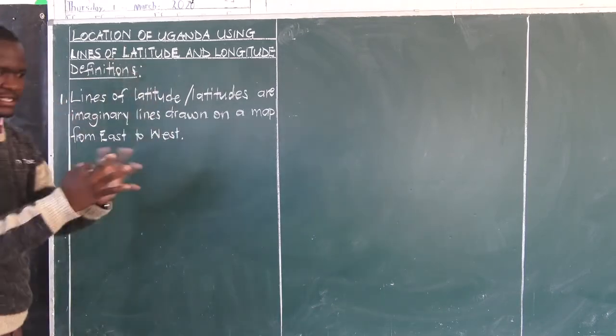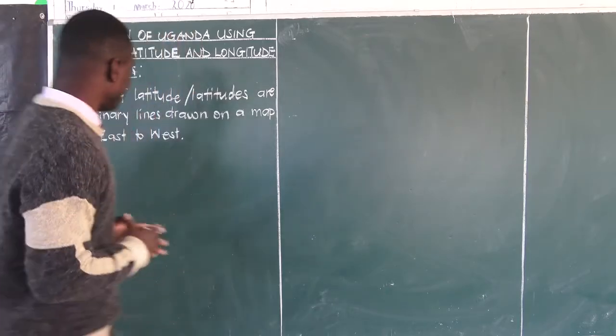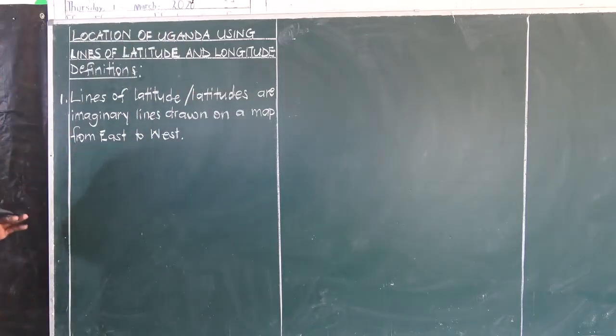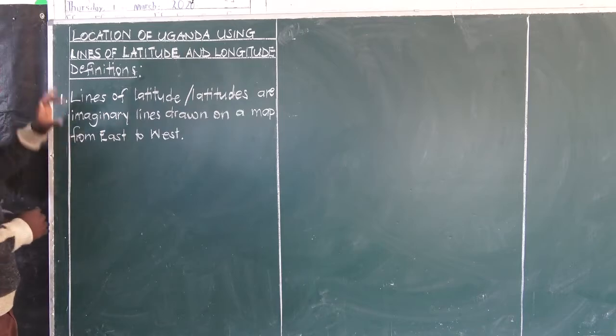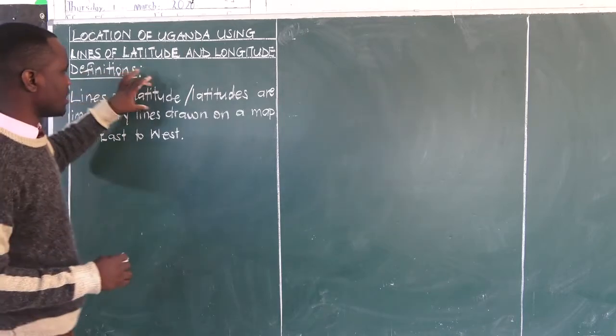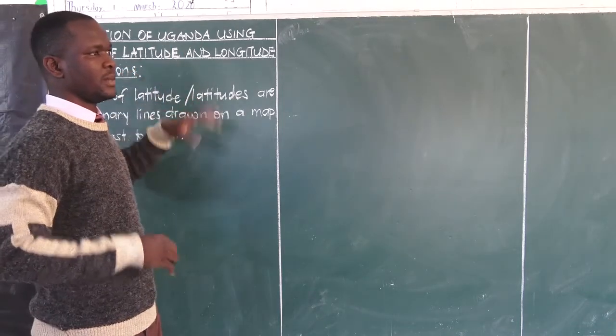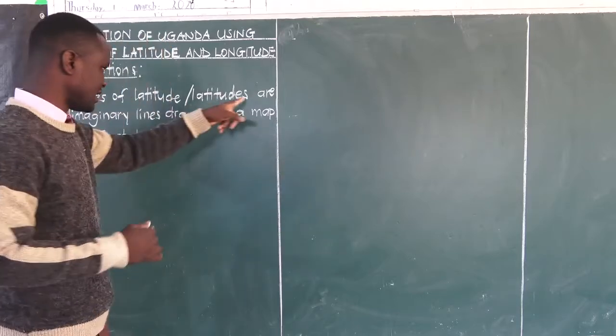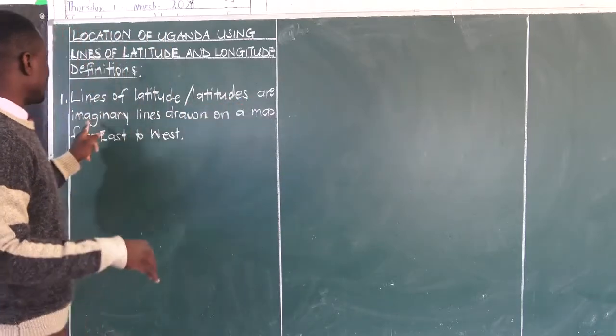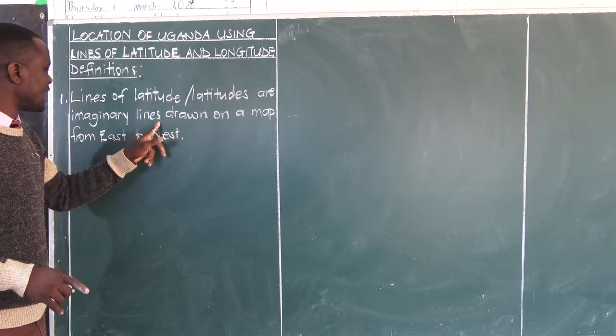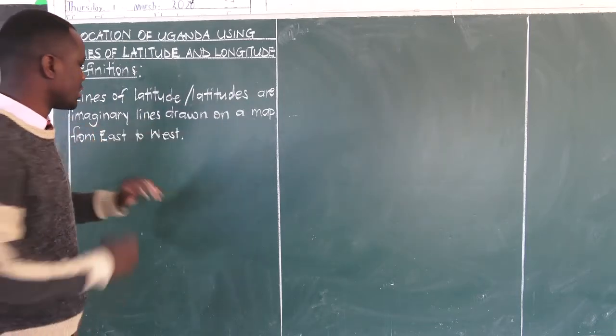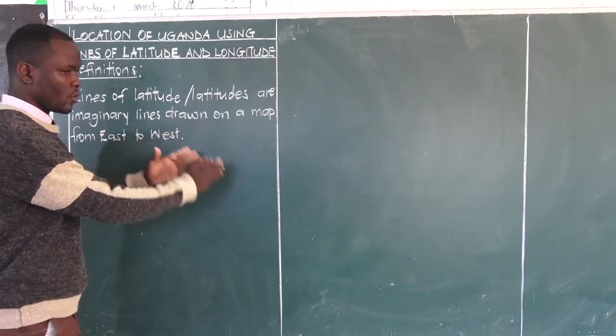That is the first item we have to discuss concerning this heading. Lines of latitude, or latitudes, remember there is an S, are the imaginary lines drawn on a map from east to west.